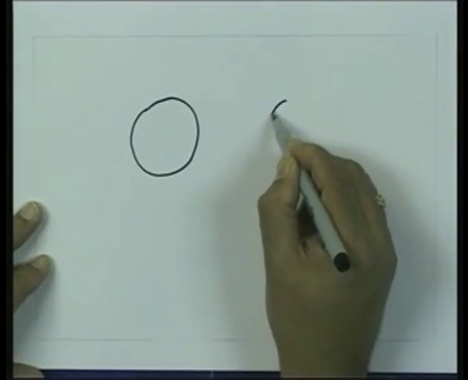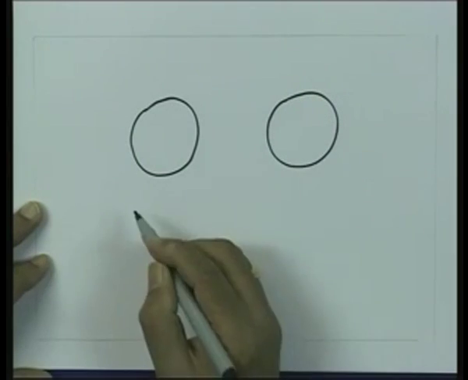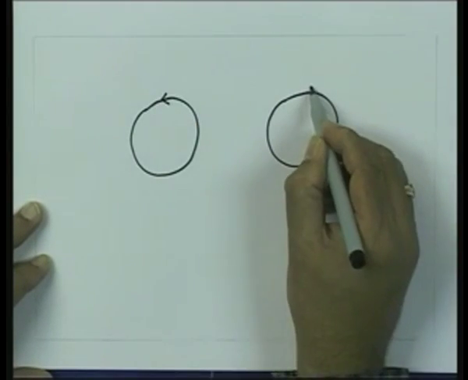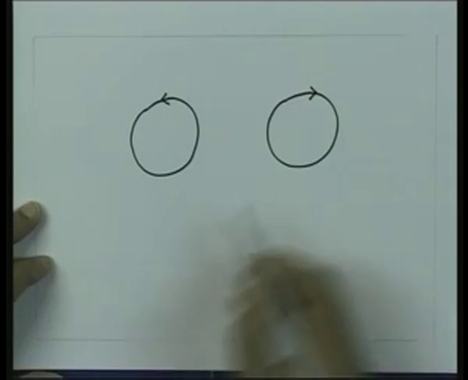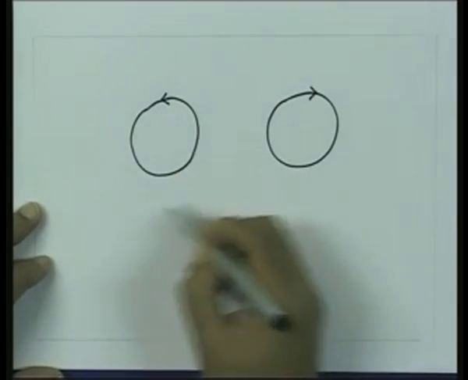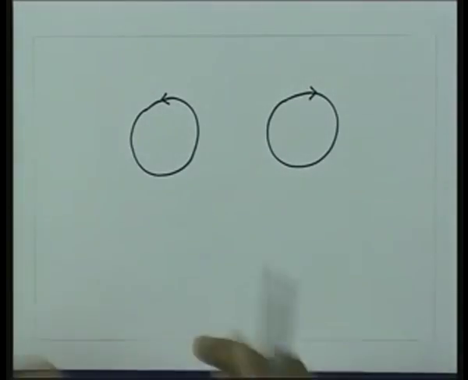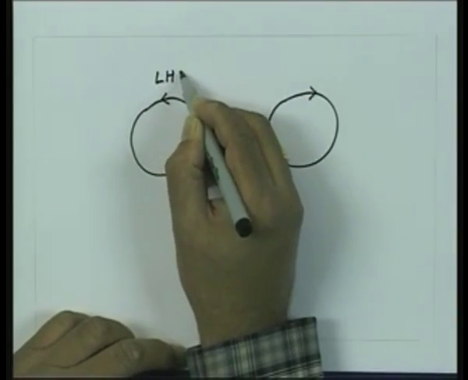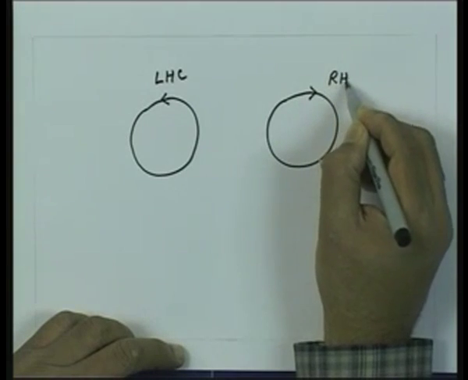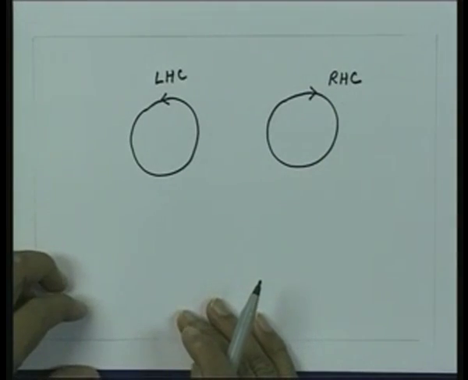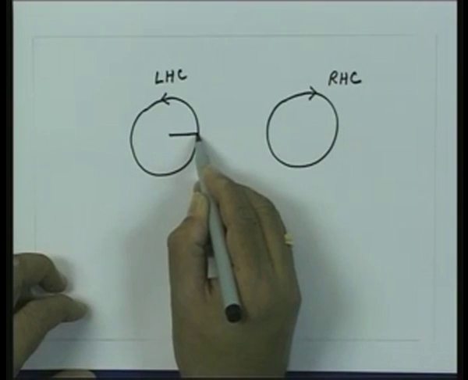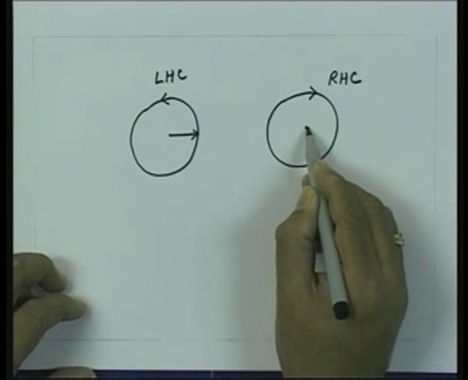So let us say, suppose I take two circular waves which are rotating like that. So this is, let us say, left-handed, this is right-handed, and let us say both of them have equal amplitude, but they are rotating in opposite directions. So this is left-handed circular, this is right-handed circular, and let us say at some instant of time these two vectors were in that direction.